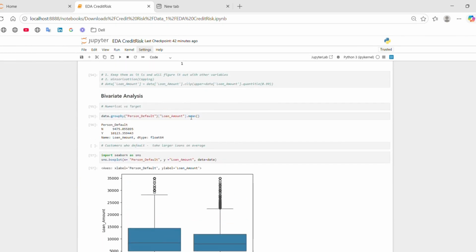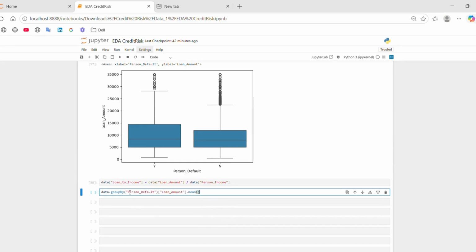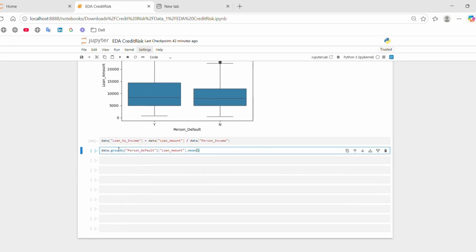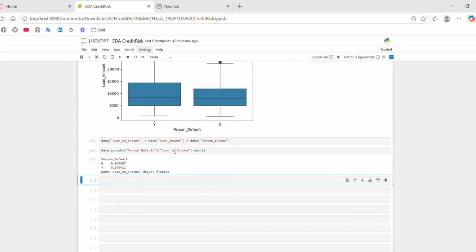Now we will establish the relationship similar to this with the new variable that we created, and this is also a part of bivariate analysis where we need to see this loan to income variable's relationship with the person default.